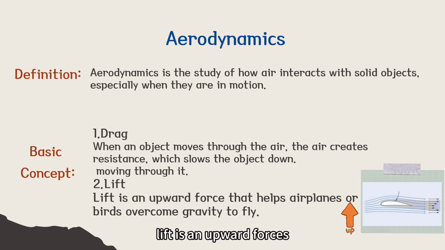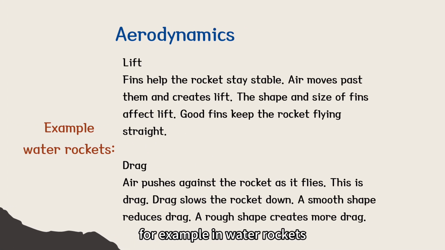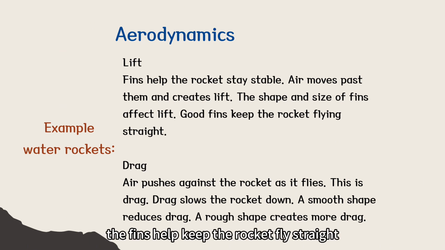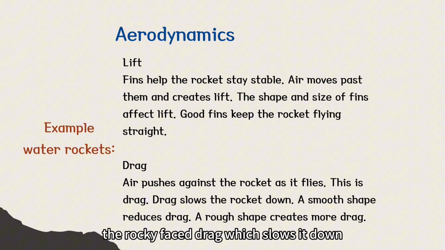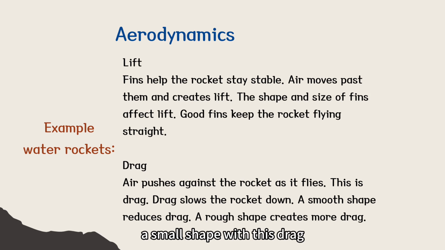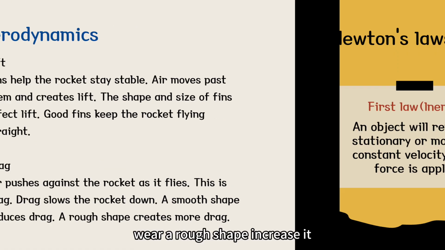Lift is an upward force that helps things like airplanes. For example, in a water rocket, the fins help keep the rocket flying straight, which is related to lift. At the same time, the rocket faces drag, which slows it down. A smooth shape reduces drag, while a rough shape increases it.